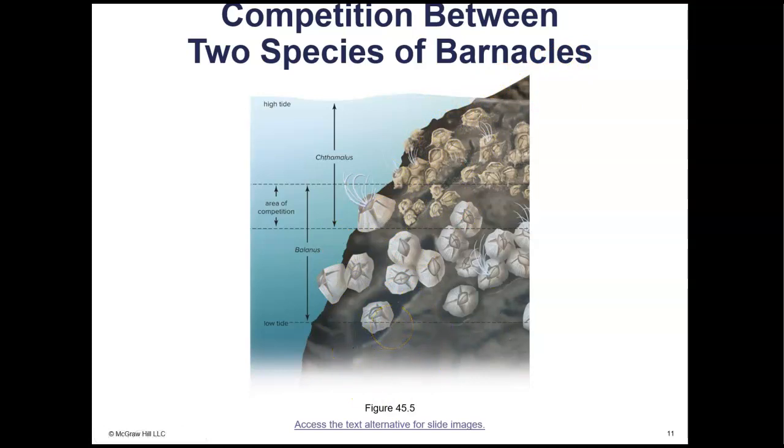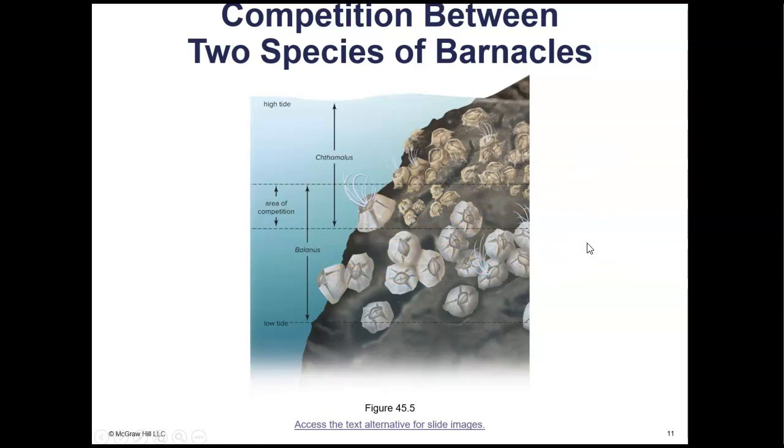But when the larger barnacles, Balanus, come in and there is competition, it pushes the Chthamalus up to the high tide region. There is a region where they both reside called the area of competition, but mostly you see the larger ones in the deeper water and the smaller ones in the shallow water, where the high tide reaches. And that's what has happened due to competition.